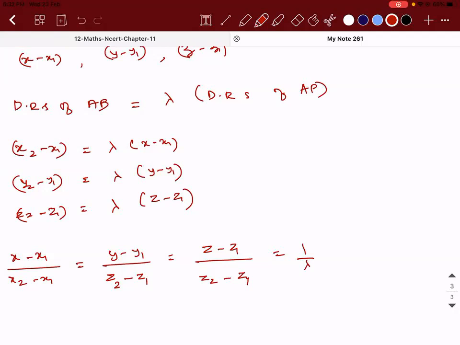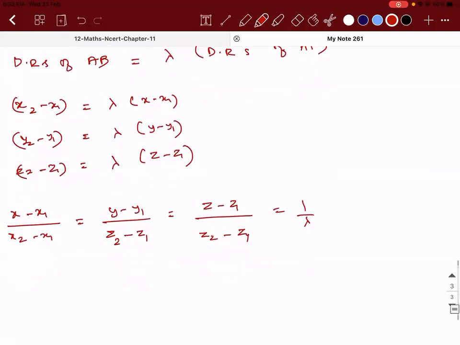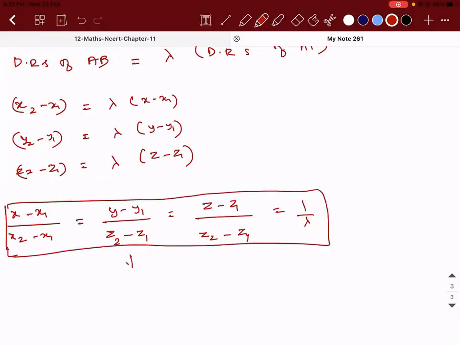So where do we use this formula actually, sir? When 2 points are given. I've seen it, sir, but that 1 by lambda, where would we use it? 1 by lambda you don't need. This is the equation. It is because all three are equal to 1 by lambda. That is the reason. I'm not using this lambda at all.